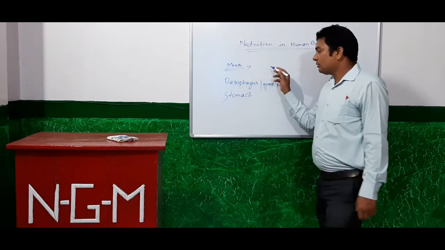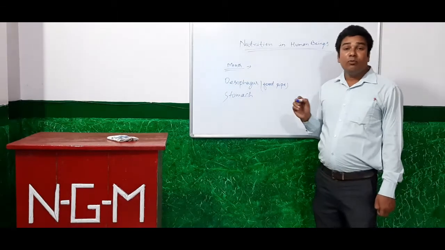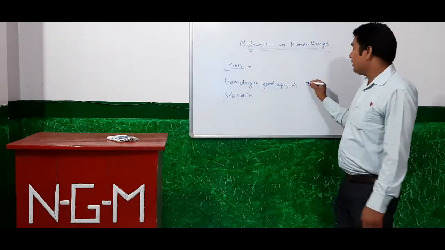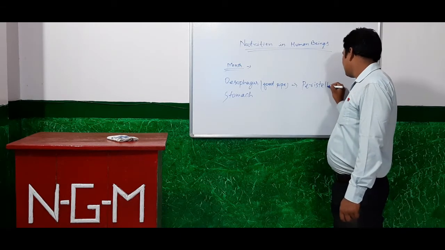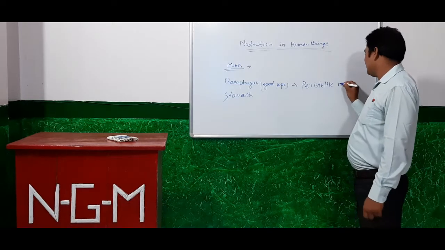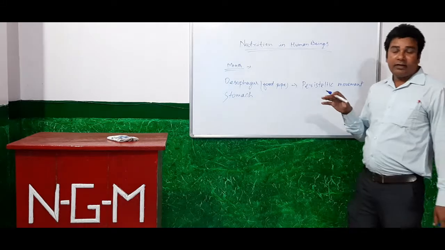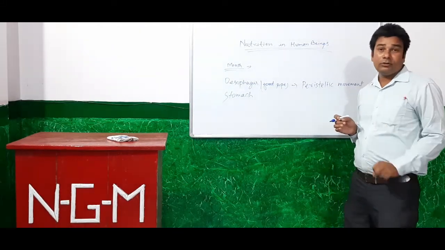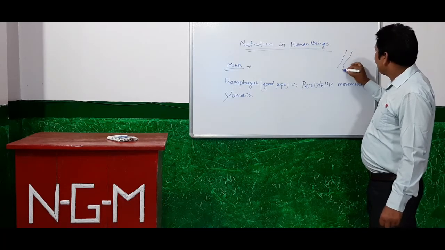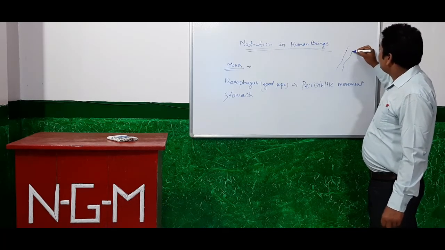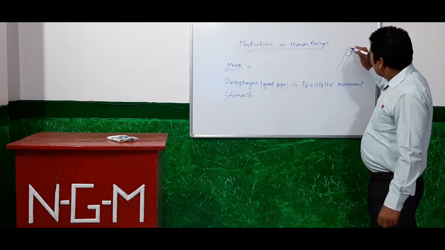Stomach. From the mouth, our food goes into the stomach through the esophagus. The esophagus performs a special type of movement which is known as peristaltic movement. Have you seen a snake engulfing rats or frogs? When a snake engulfs rats or frogs, the food goes into their body this way.